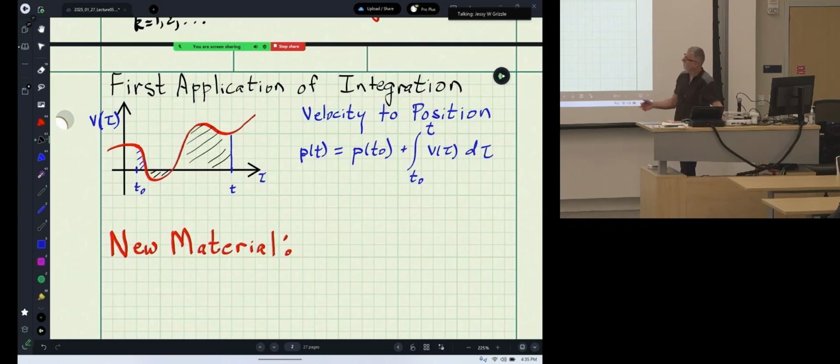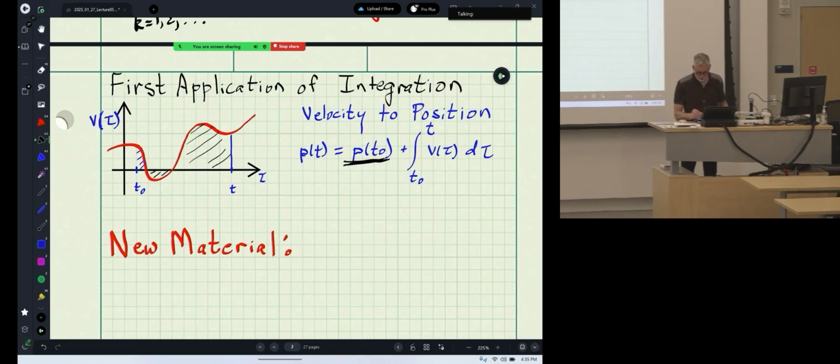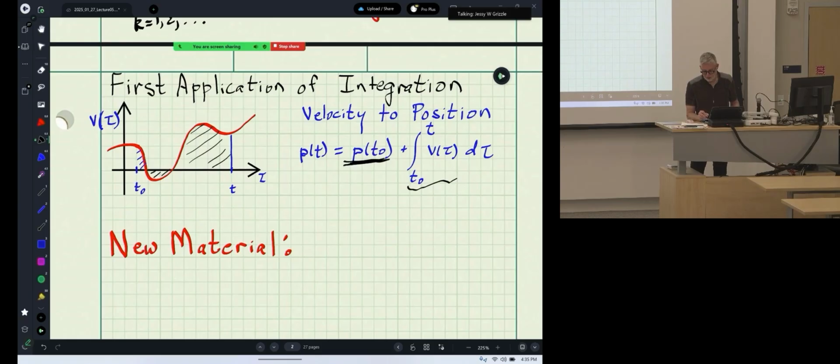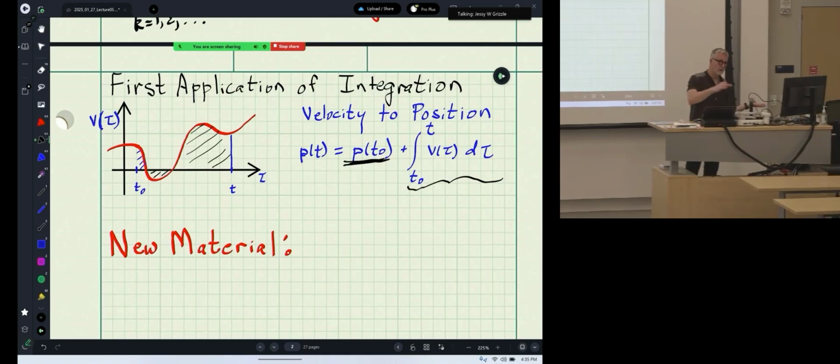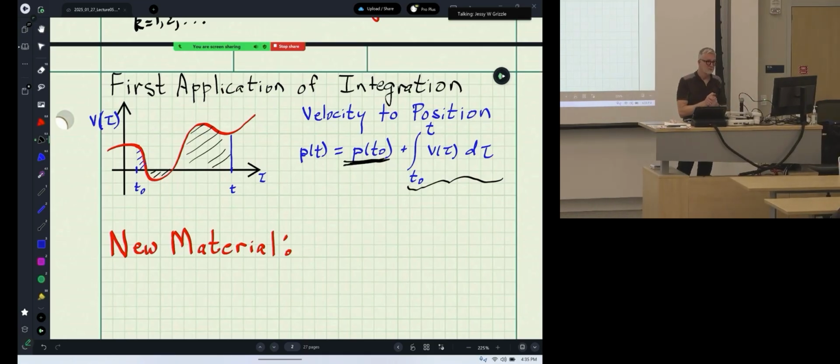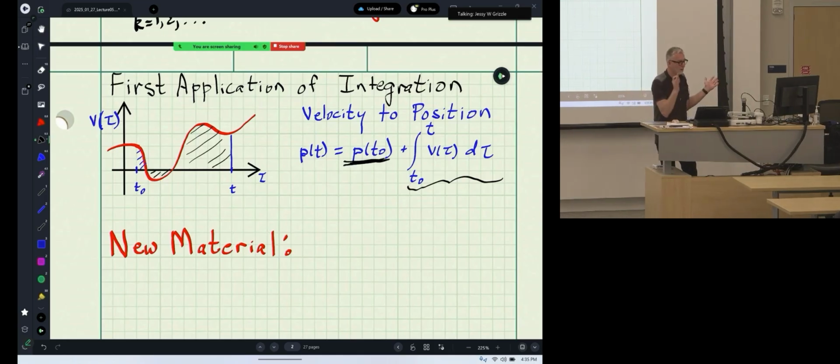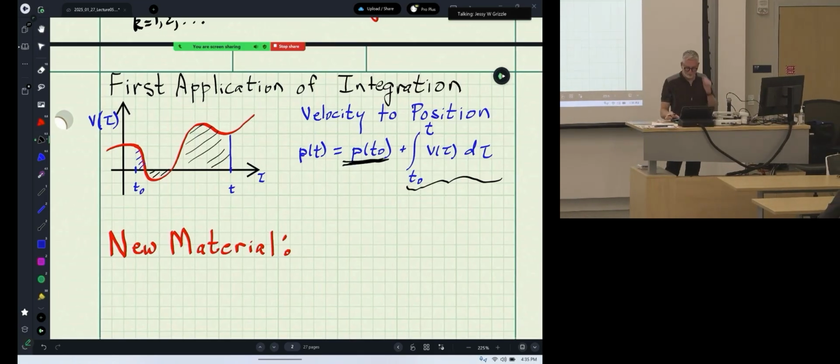Your position at time t, it matters whether you started at the robotics building or your apartment or your dorm, because this just computes the change in position, not the absolute position. You need to add to it your starting position at time t0. When we get to differential equations, that will be called an initial condition. That's where you start. That's all it is.